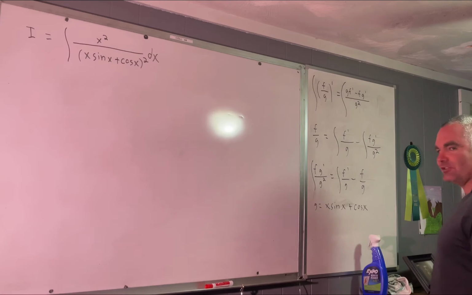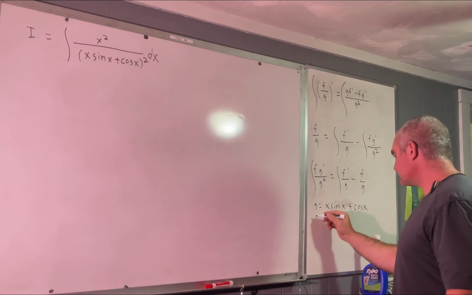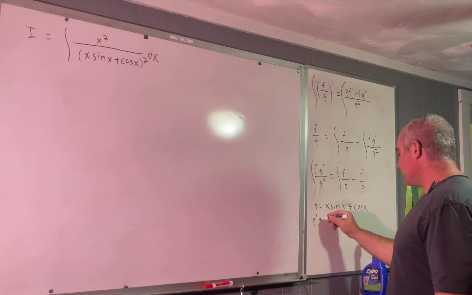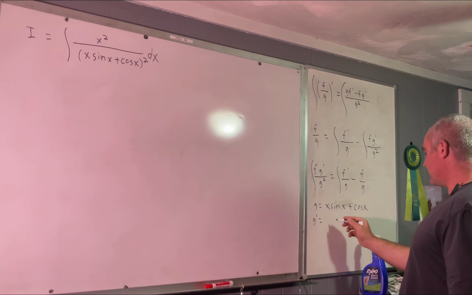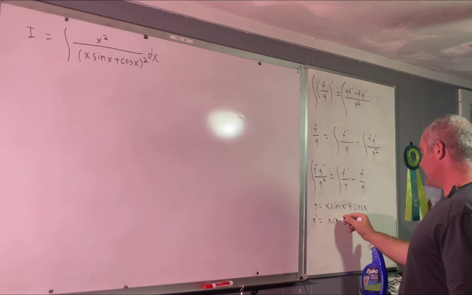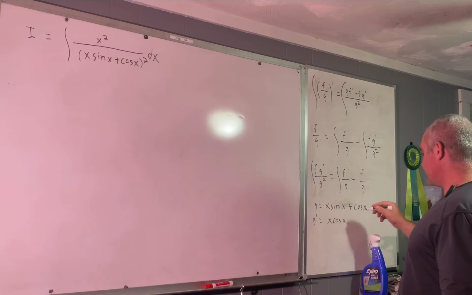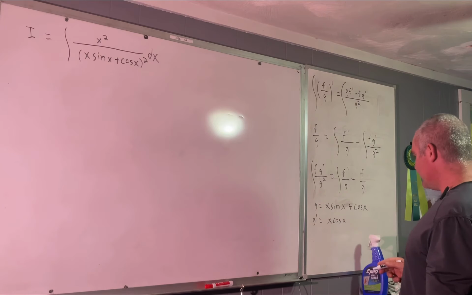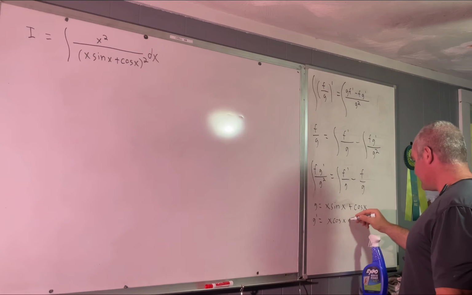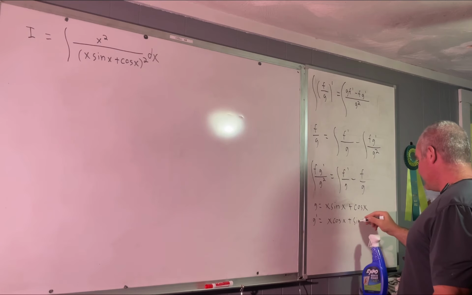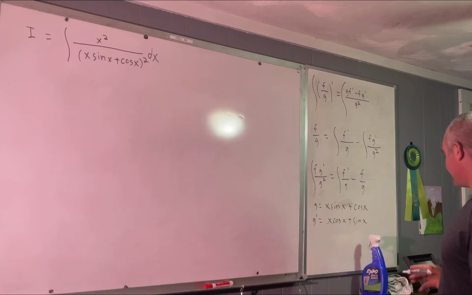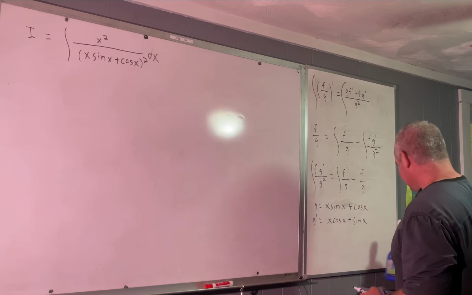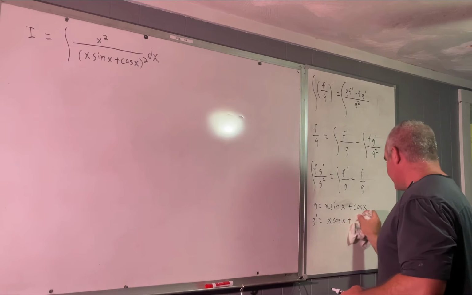Let's go ahead and find g prime, because we're going to need it. That means g prime is equal to, first times the derivative of the second, x cosine x, plus the second, which is sine x, times the derivative of the first, which is 1, so plus sine x, and then minus sine x. So I didn't even need to write that. So there's our g prime, which is nice.